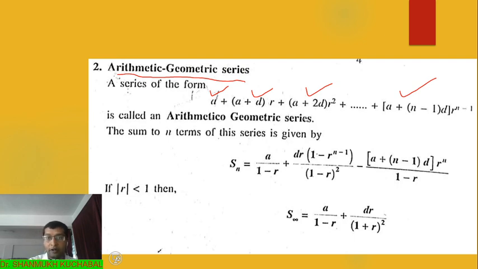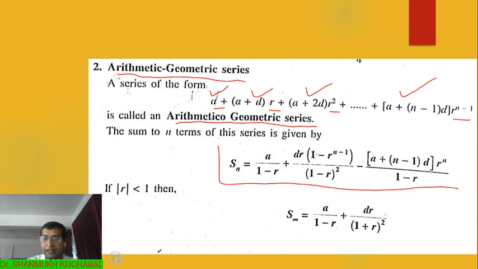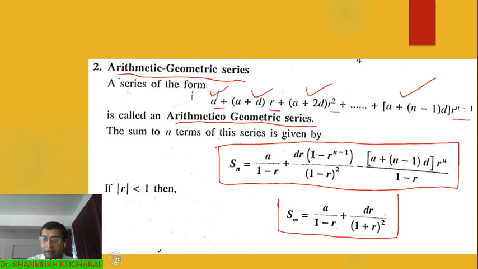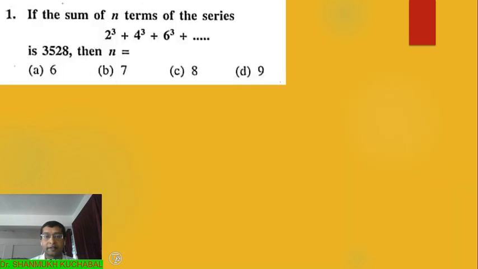Similarly, geometric common ratio is r raised to 0, r raised to 1, r square, up to r raised to n minus 1. This is called arithmetic geometric series, and the sum of n terms is given by this formula, and the sum to infinity is given by this particular formula, S infinity equal to a divided by 1 minus r plus dr divided by 1 minus r whole square, right?